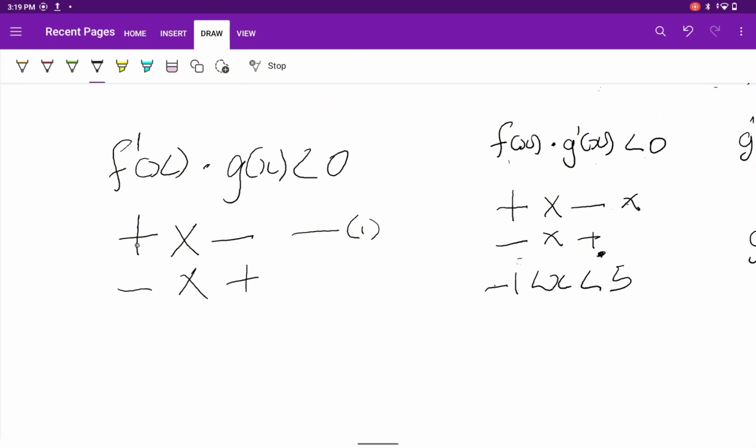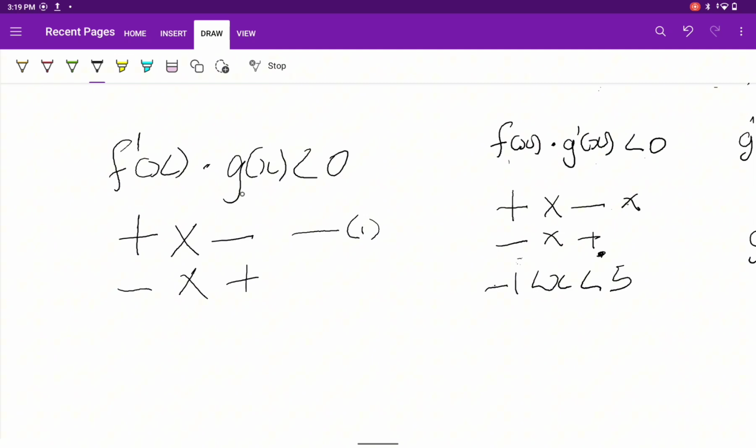Number 1 is saying, because the prime says it's increasing or decreasing, the first positive here says it is increasing. Now we will look at an instance where the f graph is increasing. So the f graph must increase, but the g must be below. Remember, for the g we're not talking about increasing or decreasing, because it doesn't have a prime.